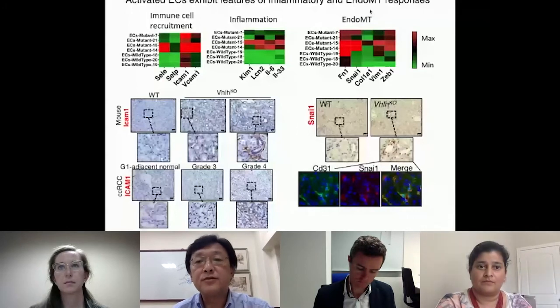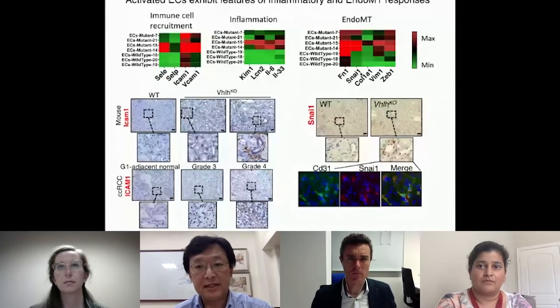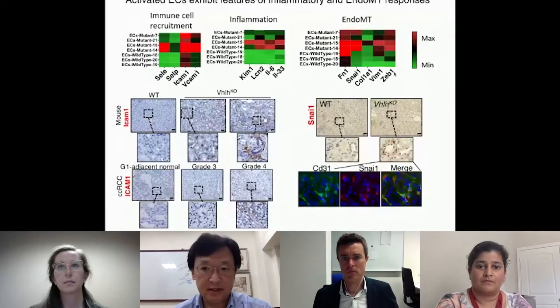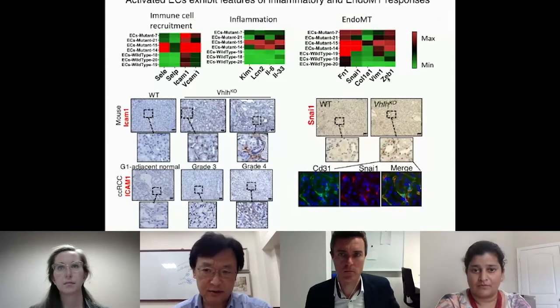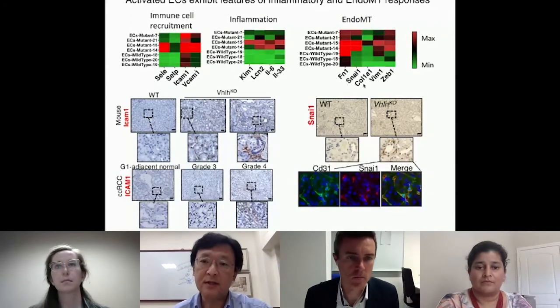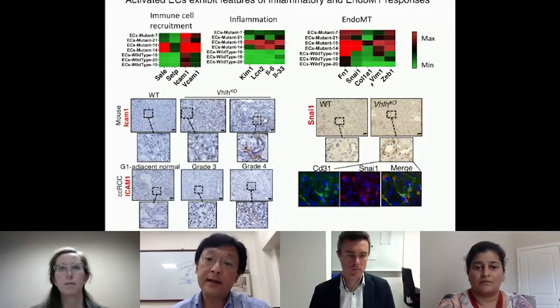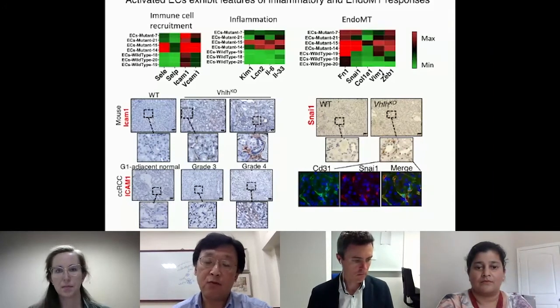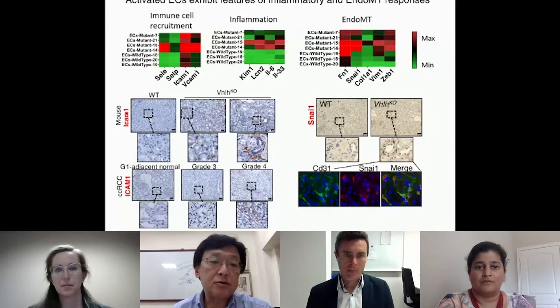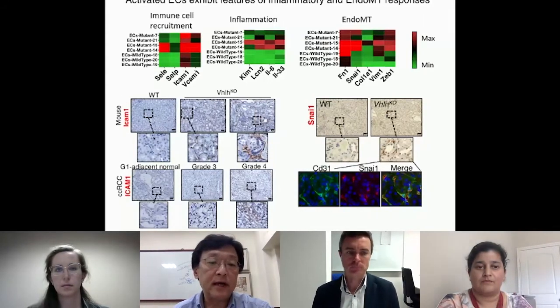And very interestingly, there's also a group of genes involved in EndoMT, for example SNAIL1, ZEB1, which are transcription factors associated with mesenchymal transition, collagen 1, and vimentin. To verify this in mouse tissue, if we stain for ICAM1 in the wild type, there's nothing.